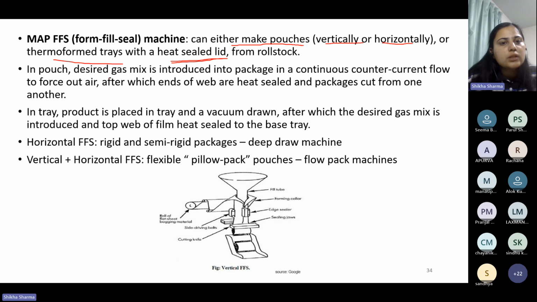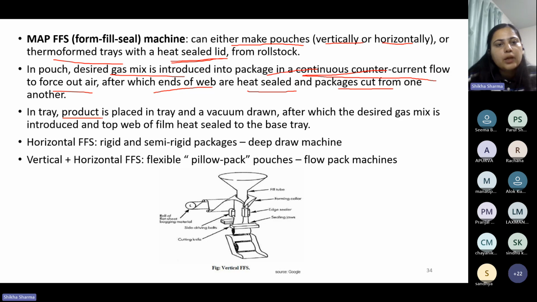In pouches, the desired gas mix is introduced into the package in a continuous counter current flow to force out the air. The ends of the web are then heat sealed and packages cut from one another.